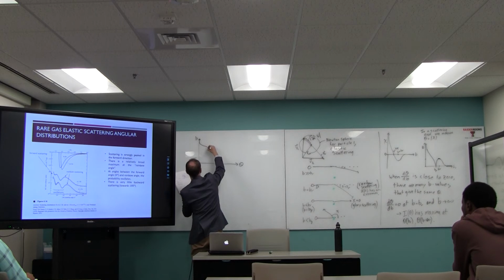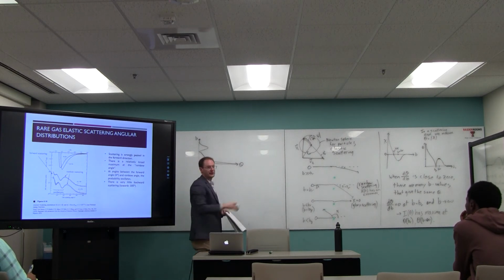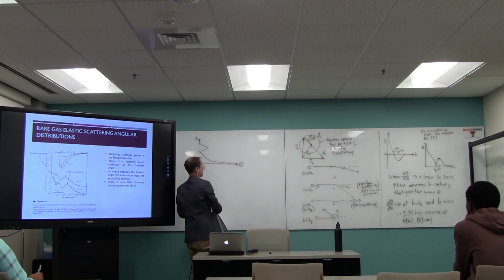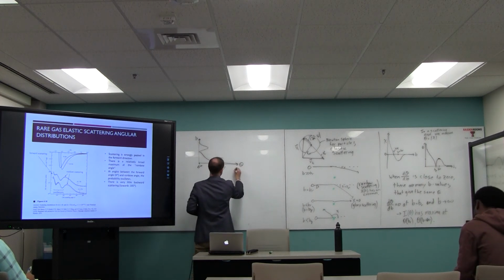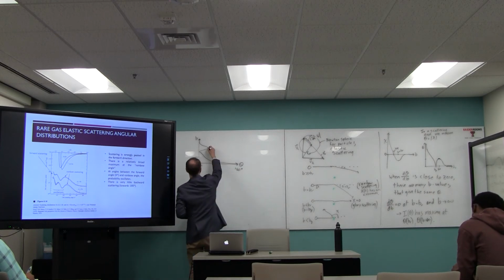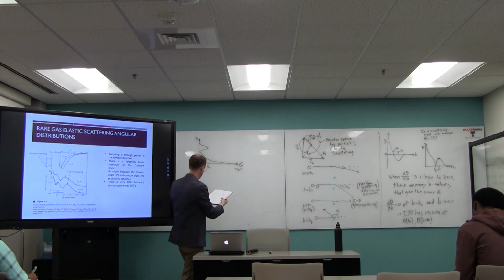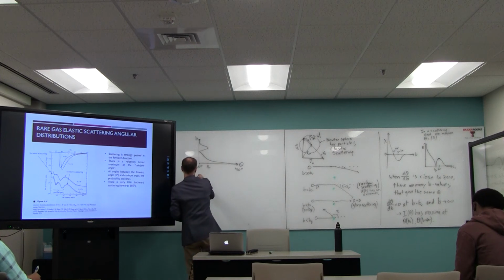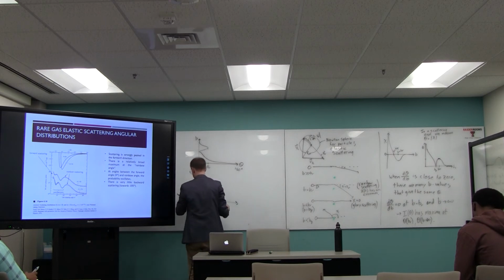Then theta goes through a maximum at the rainbow angle, goes to 0 at the glory angle, and then it basically goes to 180 degrees as B approaches 0. So here's 0 degrees, here's 180 degrees, here's theta rainbow. And so what is this going to do in terms of the angular distribution, phi of theta?